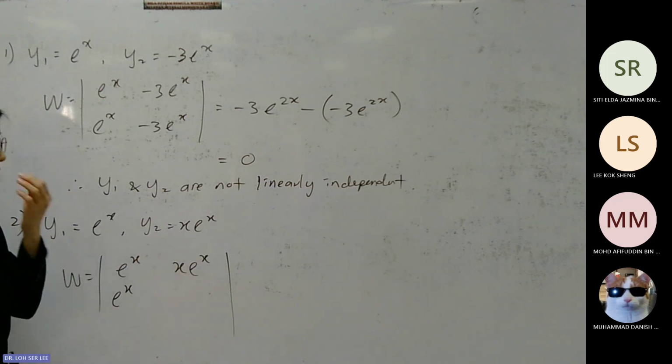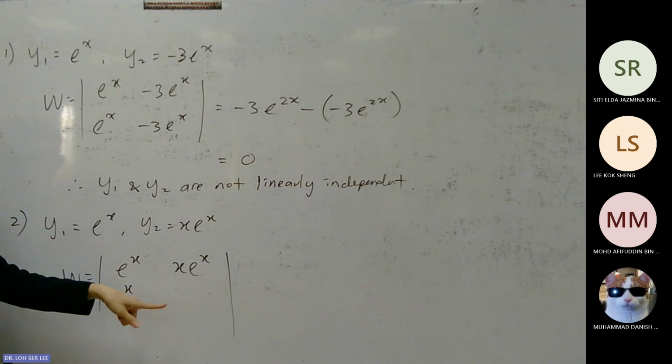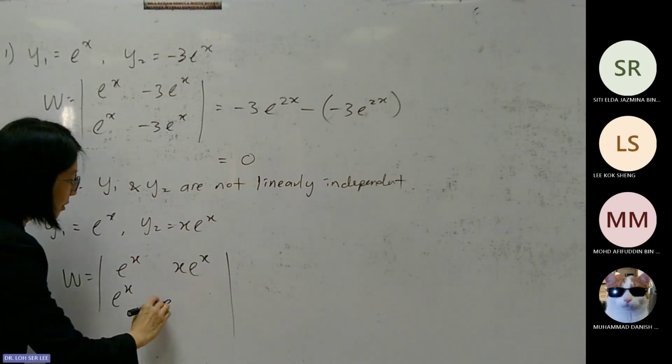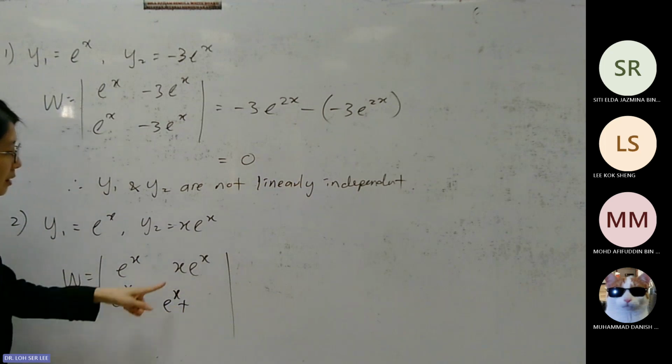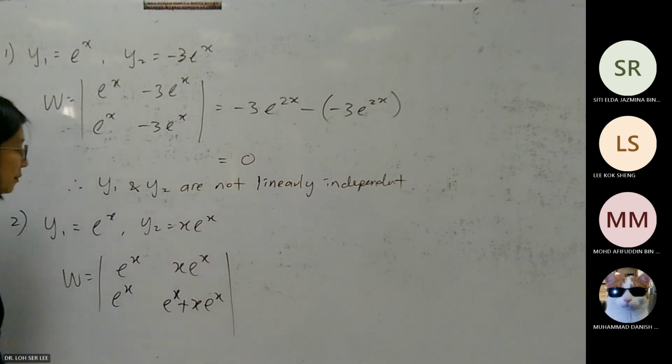Differentiate x e^x, we use the product rule. Differentiate x, we get 1, copy e^x, plus now copy x, differentiate e^x, we get e^x.